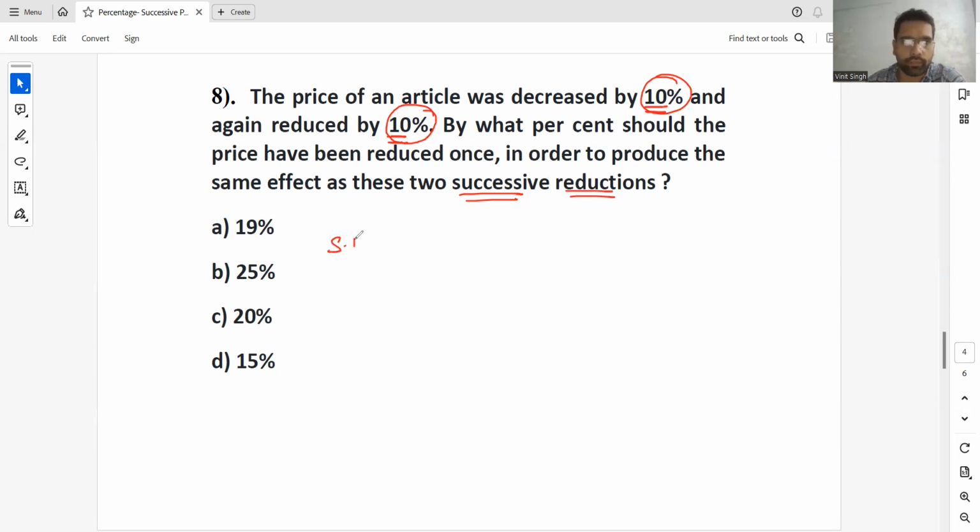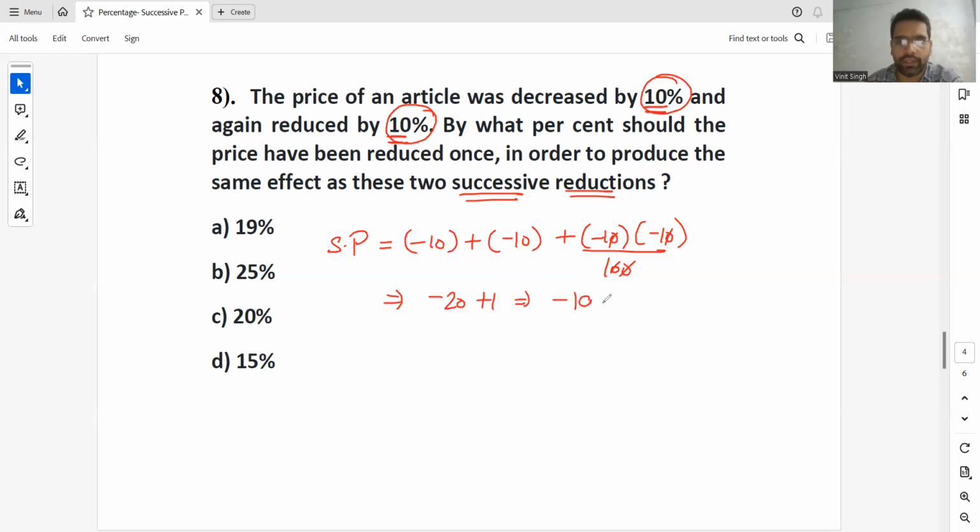Now here, both are reducing, minus 10, minus 10. Take $100. Clear? So minus 10, minus 10, minus 20. Here minus 1 plus 1, which is equal to minus 19%.